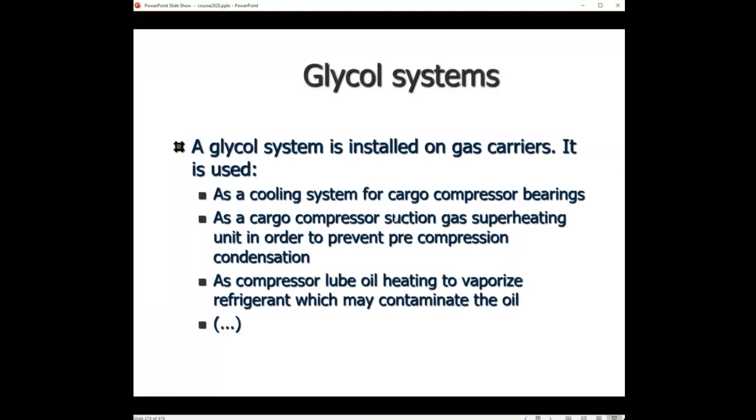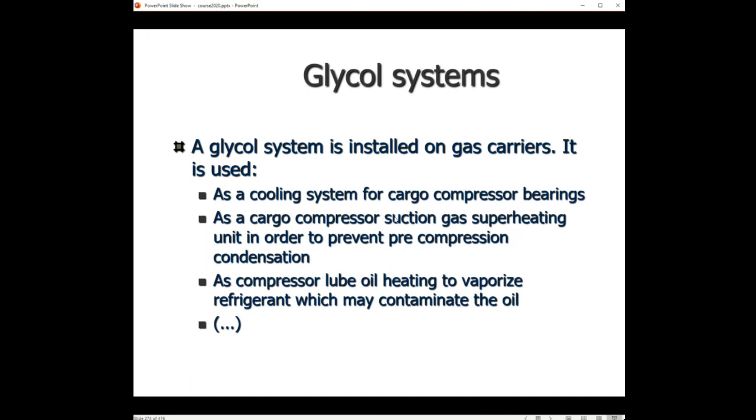It can be used for several purposes. Here are a few examples: as a cooling system for cargo compressor bearings, as cargo compressor suction gas superheating in order to prevent condensation in the compressor, and as compressor loop oil heating to vaporize refrigerant which may contaminate the oil.